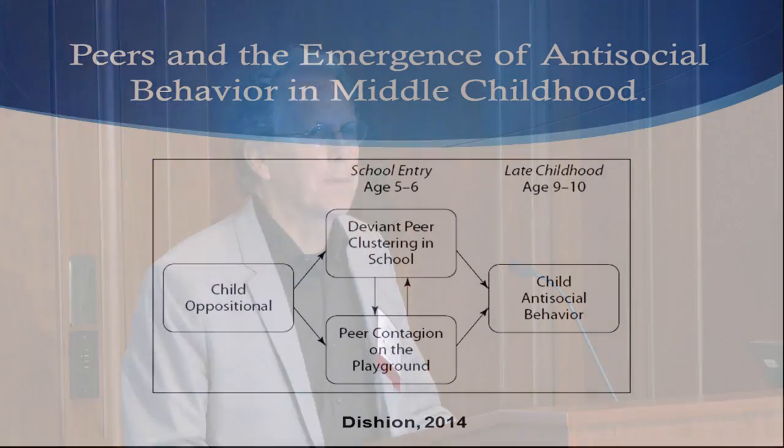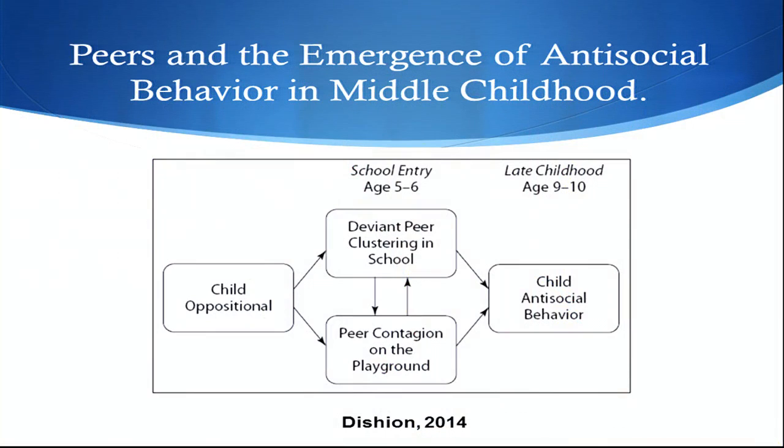So developmentally, it looks like what's happening is that as early as kindergarten, kids will aggregate on the playground and they will start to reward each other for these types of aggressive positions, and that clustering will lead to more and more aggressive acts on the playground or in neighborhood settings.